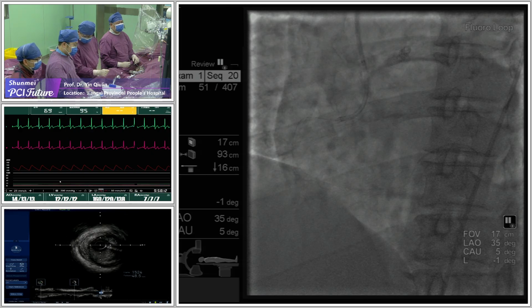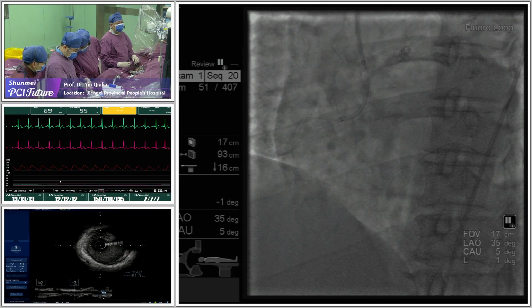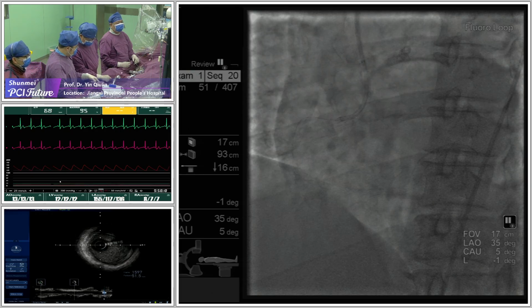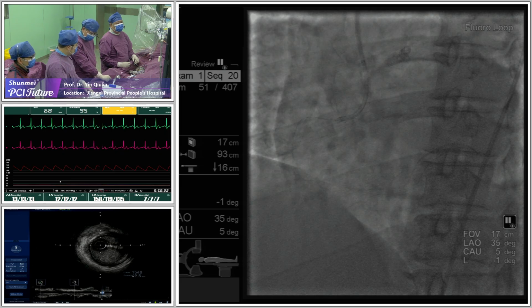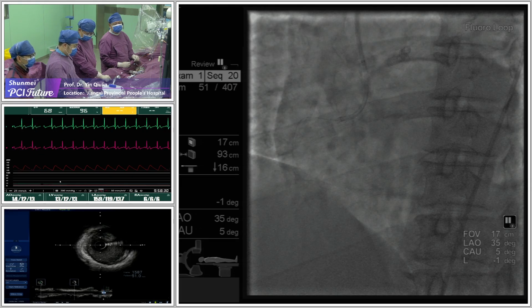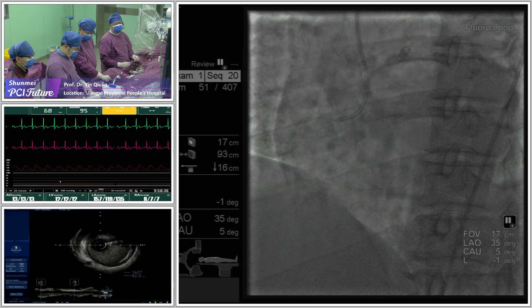Dr. Chen, I have another question. I reviewed the images and I think that the distal RCA or PDA has a branch close to the epicardium.